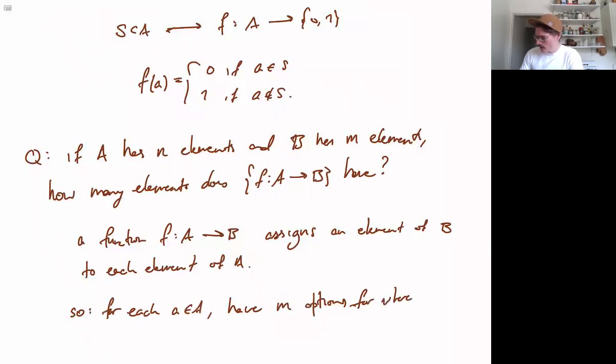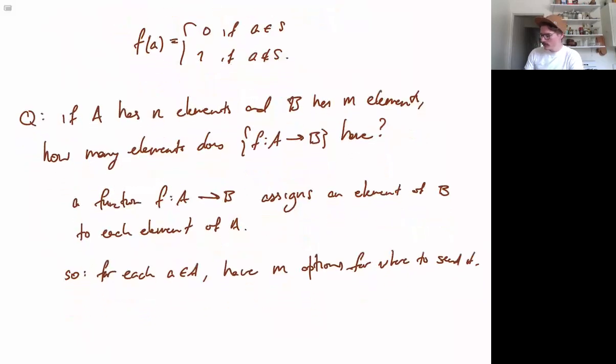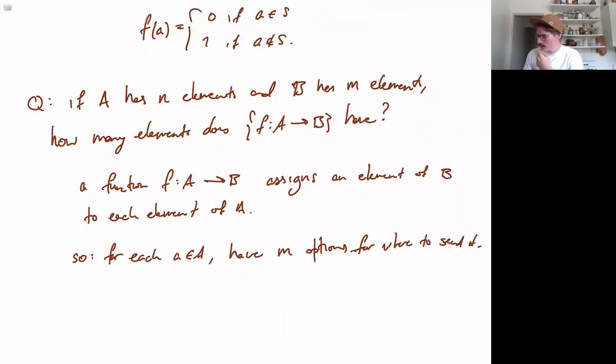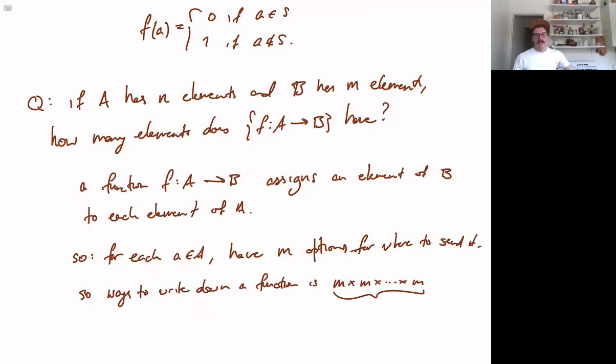For where to send it under this map. And they're all independent. So the number of ways to write down a function is m times m times and so on, where the number of factors in this product is the number of elements of A. So this is n.